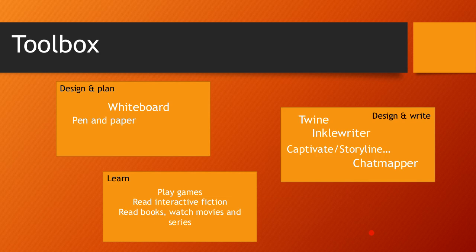So the toolbox to do your branched scenarios is obviously pen and paper, whiteboard, lots of planning before you even make something. Then I learn a lot from games, interactive fiction. There's something called Story Stylus. There's something called Game of Choices.